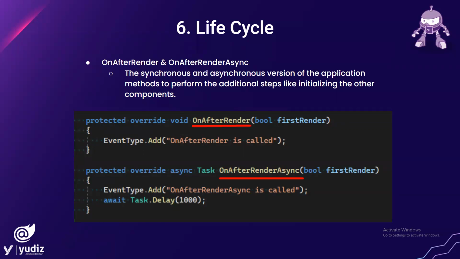So we can use both methods, OnAfterRender and OnAfterRenderAsync, for JavaScript library initialization. In this snippet, we have two override methods. First is OnAfterRender and second is OnAfterRenderAsync.